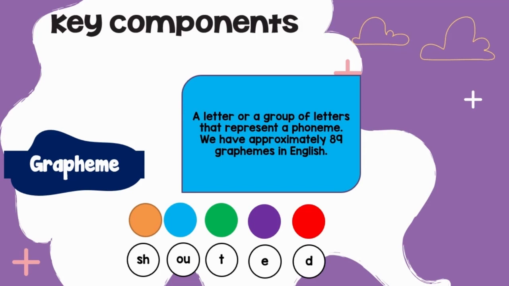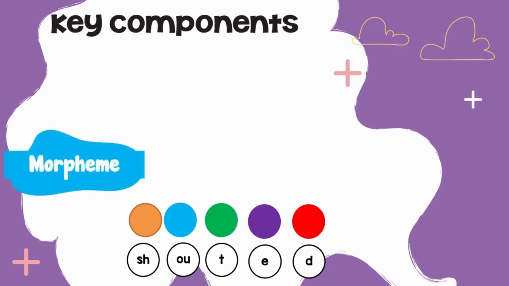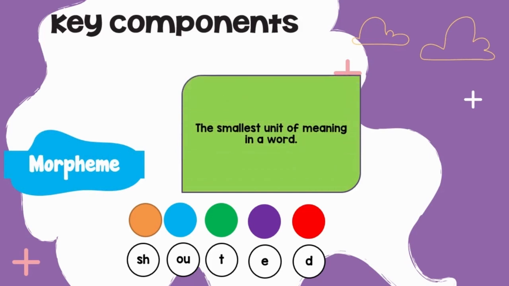And then I'm going to cover one other thing, and that is morphemes. I want to just quickly cover morphemes because they're so important. A morpheme is the smallest unit of meaning in a word. So in a word like shouted, we have 2 units of meaning in this word.